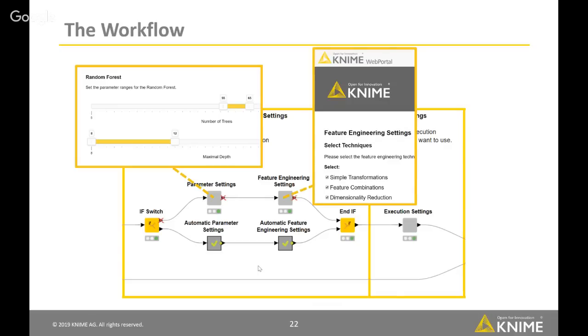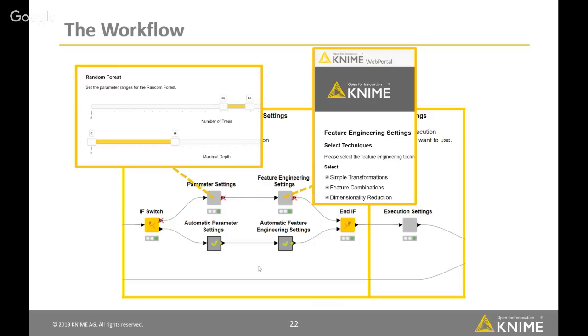Then next, we have the feature engineering settings. Here we decide what transformations we apply to the features. We have simple transformations like the logarithmic function, or also feature combination, where we do just arithmetical operations between two features. And then we have the dimensionality reduction, like, for example, PCA.